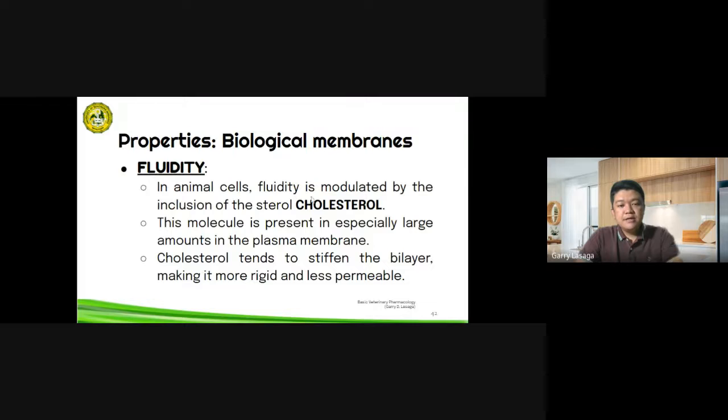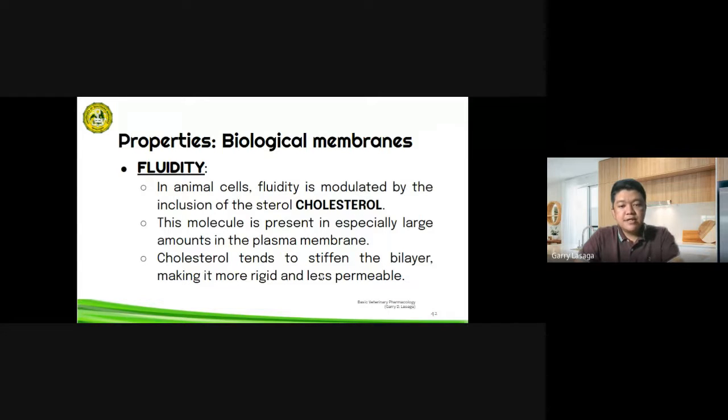Another property of the biological membrane is its rigidity. The property of being rigid is modulated by the cholesterol component of the cell membrane.